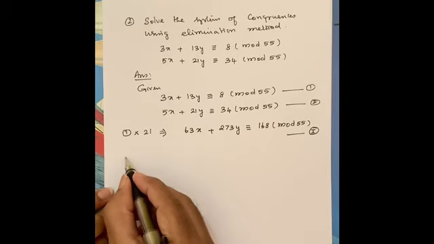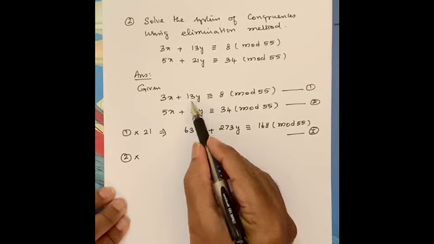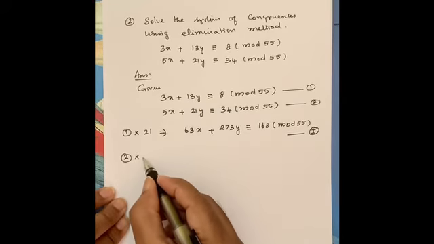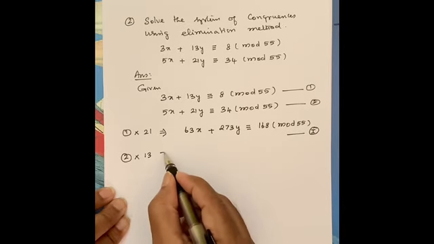Similarly, the second equation multiply with the first congruence's y coefficient, 13.